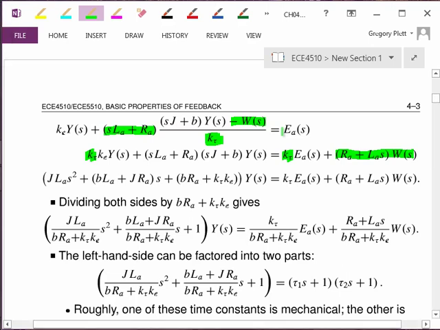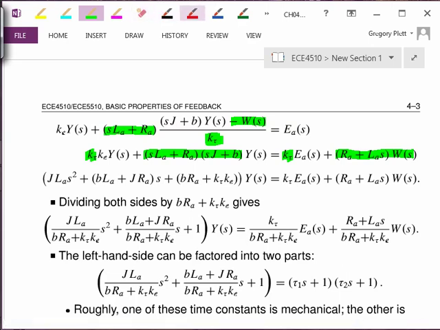Now we notice on the left-hand side, all of these terms involve a Y of S. So I have multiplied out this term right here, just using the FOIL rule. And so that's going to be S squared LAJ from this first here, multiplying that by that gives me that.